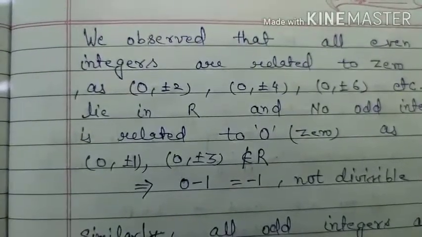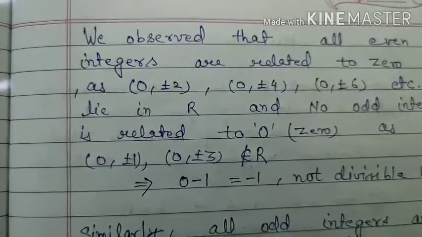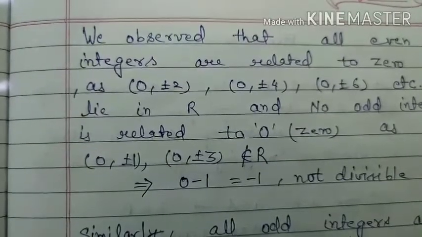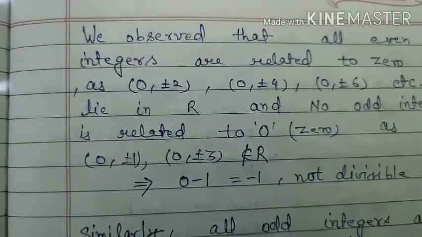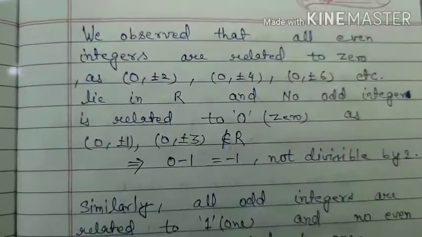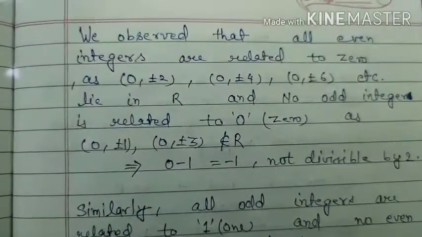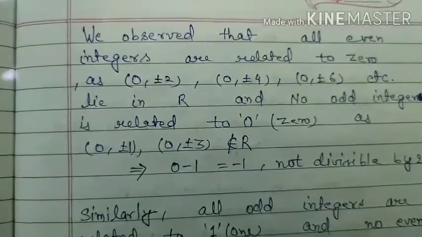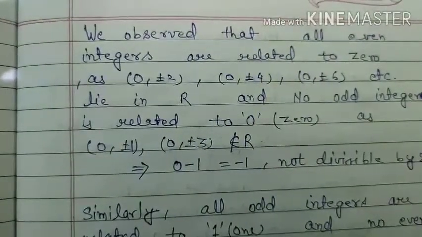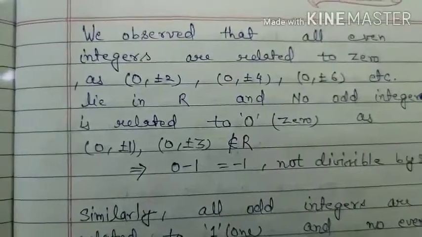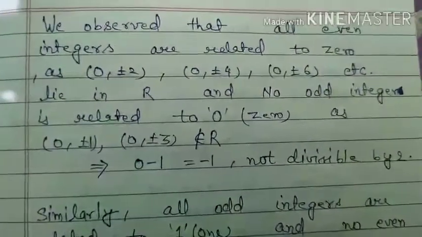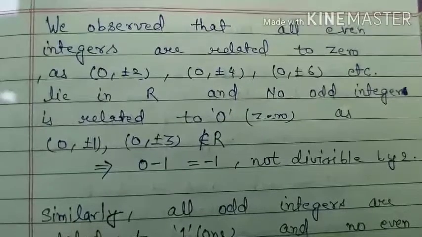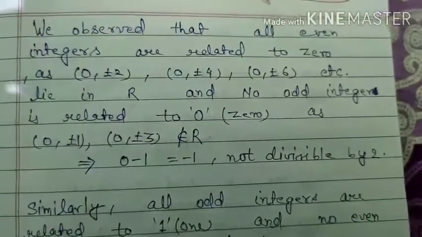Similarly, 0 plus 4 or 0 minus 4 will also be divisible by 2. And no odd integer is related to 0, as (0, ±1), (0, ±3) do not belong to R. As you can see here, 0 minus 1 is equal to minus 1, which is not divisible by 2.